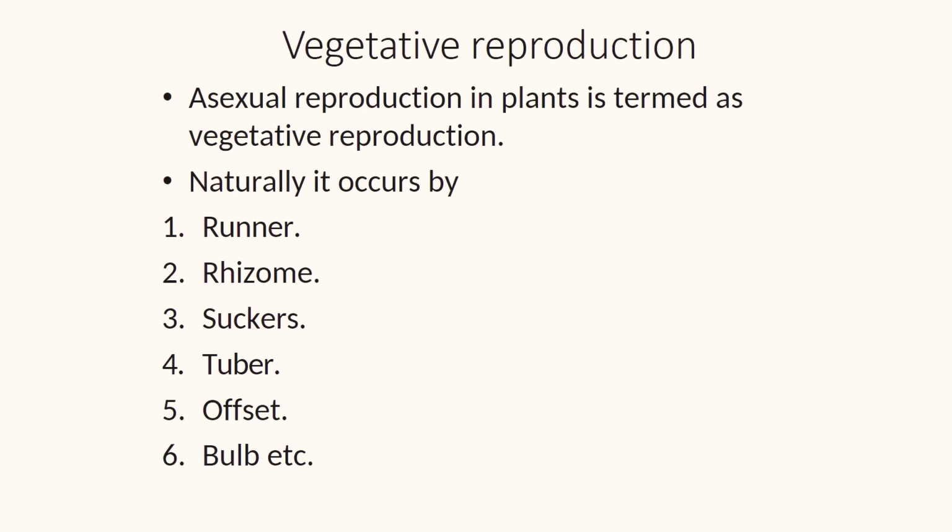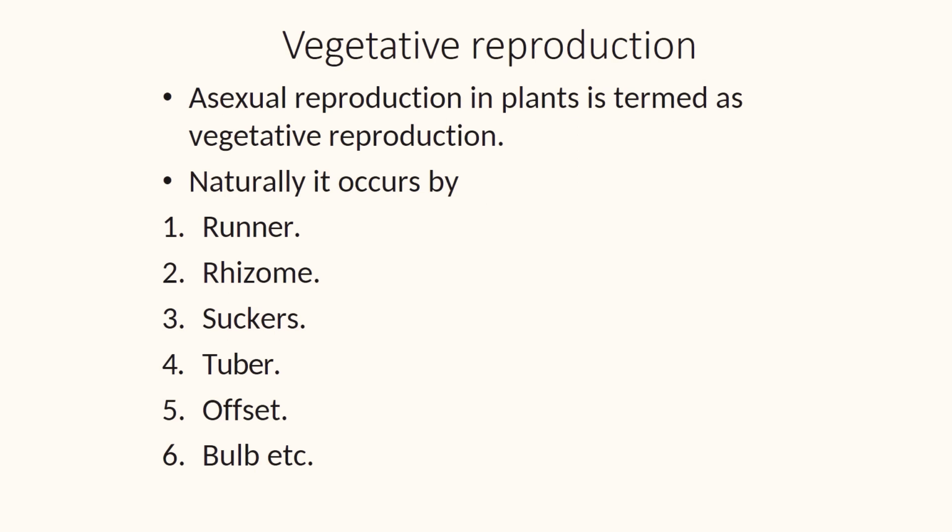Vegetative reproduction of plants is that form of plant reproduction in which the new individuals arise from any vegetative part of the parent body, that is root, stem, leaf, etc., and possess exactly the same characteristics of the parent plant.